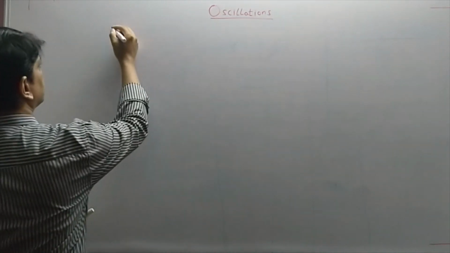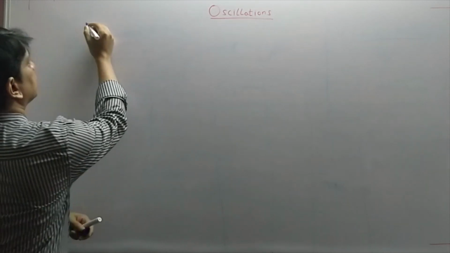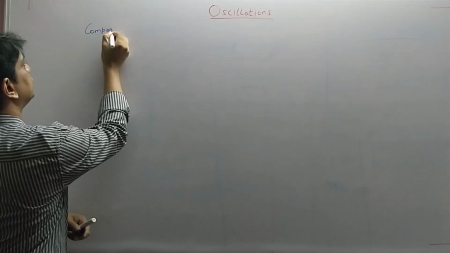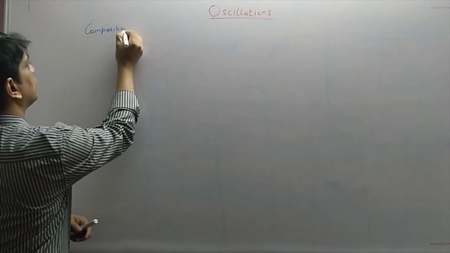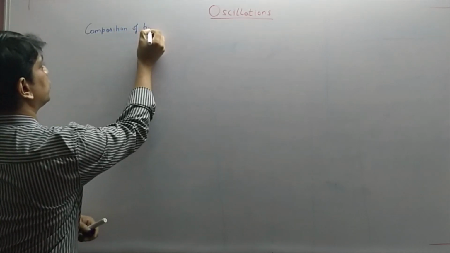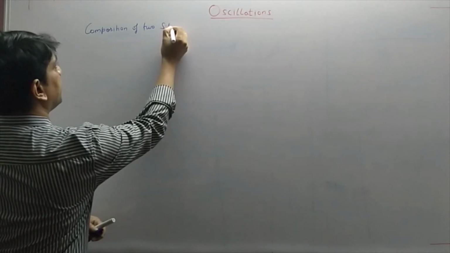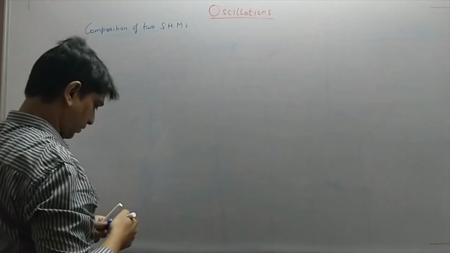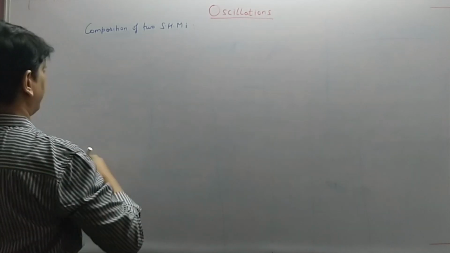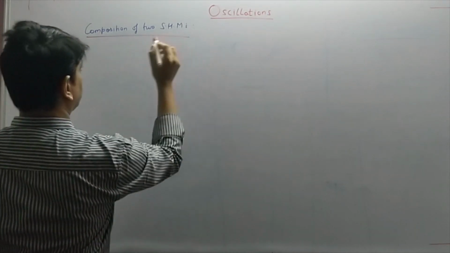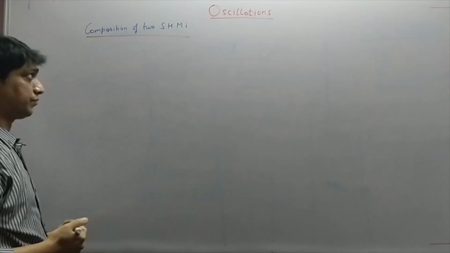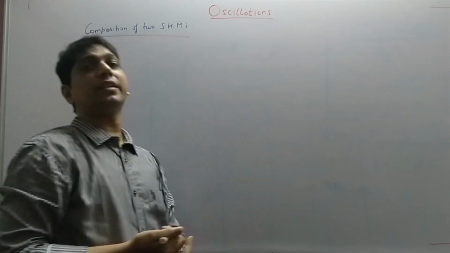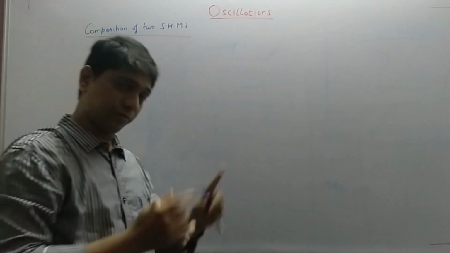Composition of two simple harmonic motions having different amplitudes but the same time period. What will be the resultant amplitude of the third one?